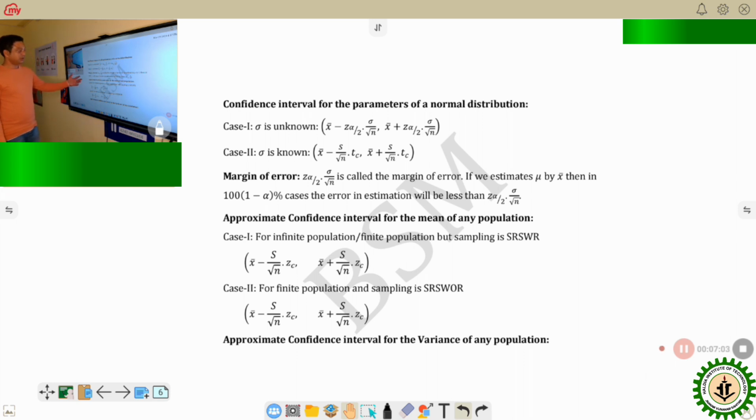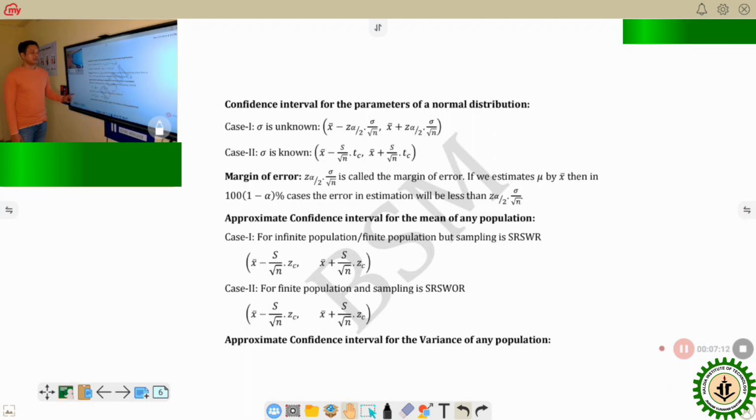Margin of error: approximate confidence interval for the mean of any population. Two cases can exist. One is the infinite population with SRSWR sampling, where you know the formula is s by root n. In the SRSWOR case, we also use the same formula.